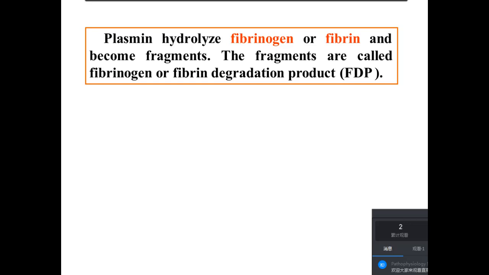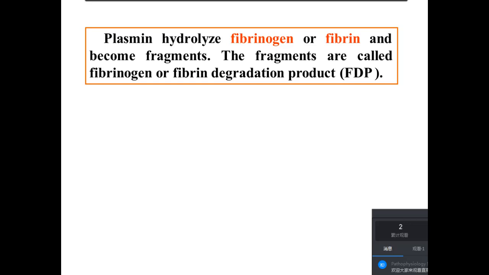Plasmin increases. In what situation does plasmin increase? When the fibrinolytic system is activated. Plasmin hydrolyzes fibrinogen or fibrin and forms fragments. The fragments are called FDP. So FDP is produced by two pathways.